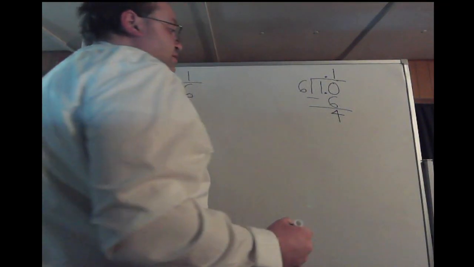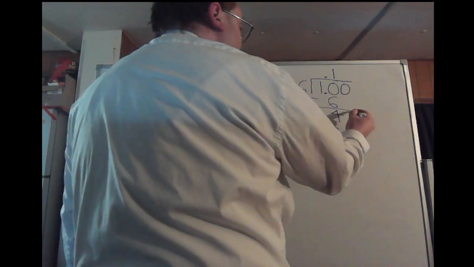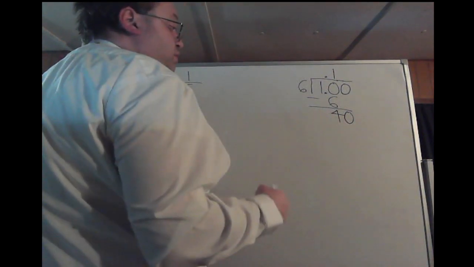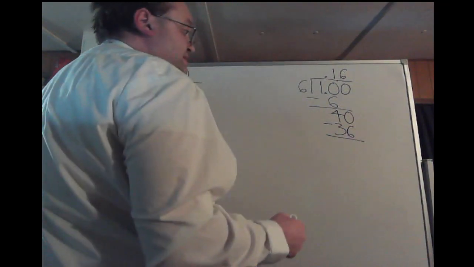We have that remainder of 4, which means we need to tack on another 0 in the dividend and bring down that 0. Now 6 goes into 40 how many times? It goes in 6 times. 6 times 6, well that's 36. Alright, so 40 minus 36, that's 4.